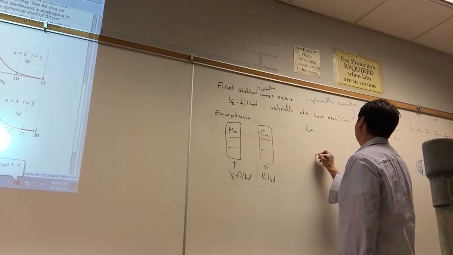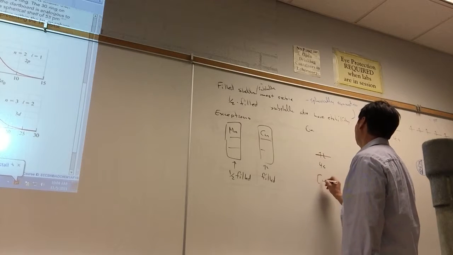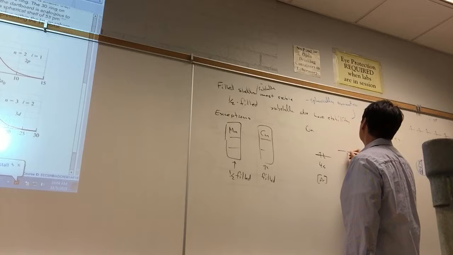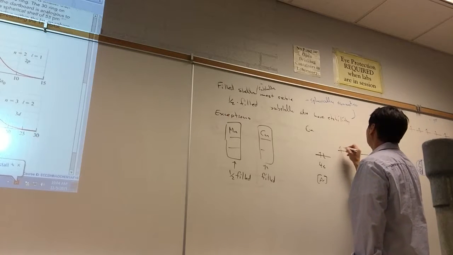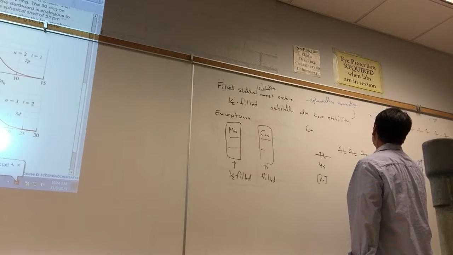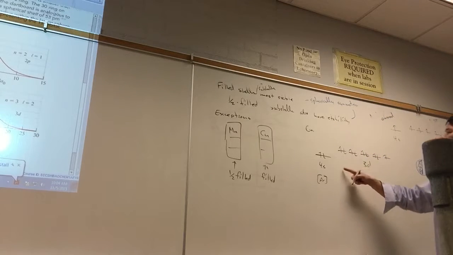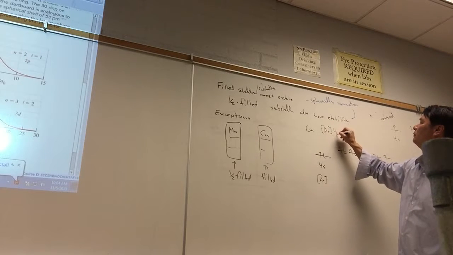For copper, we have argon 4s2, 3d, 1, 2, 3, 4, 5, 6, 7, 8, 9. We have 4s2, 3d9. That's the electron configuration.